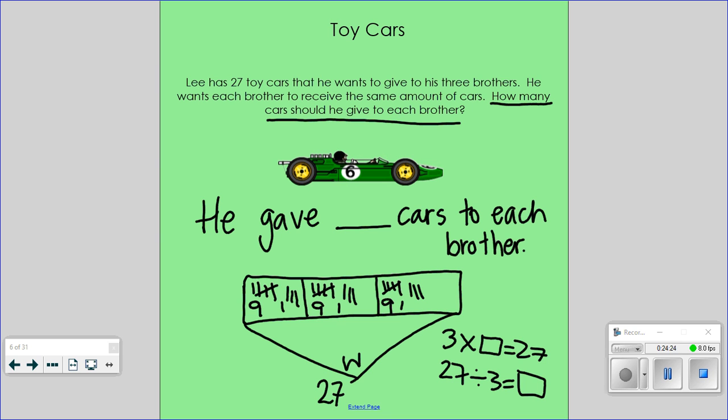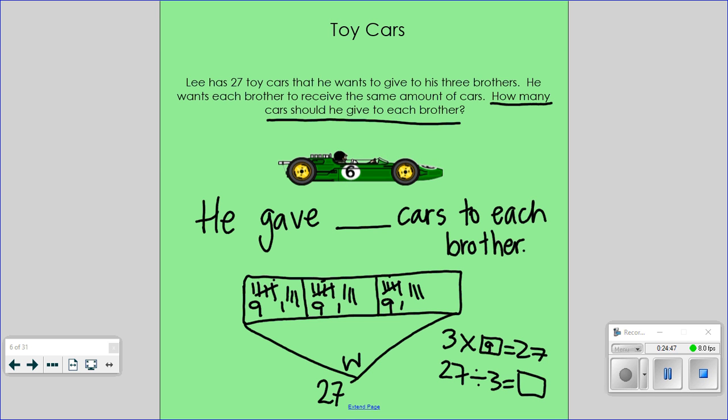Alright, now I have those pieces that I'm used to seeing in my multiplication equation. I have 3 groups of 9. I also have figured out how many is in one of my groups.